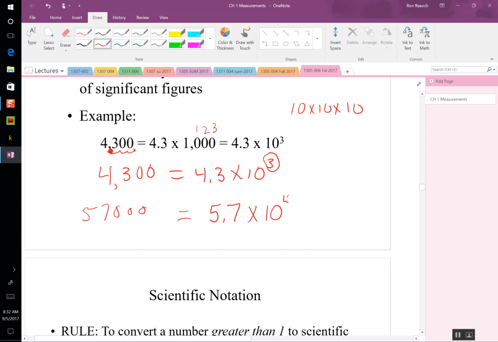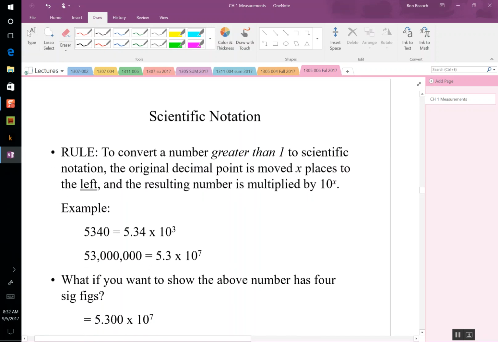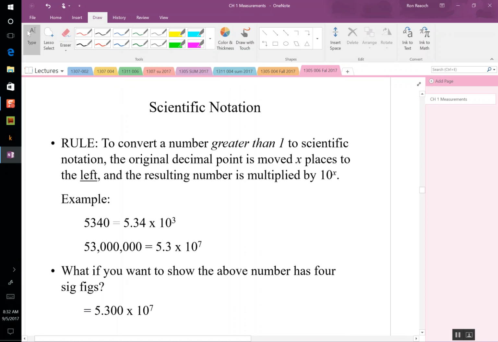And so we put 10 to the fourth power. To convert a number greater than 1 to scientific notation, the original decimal point is moved x places to the left, and the resulting number is multiplied by 10 to the x.